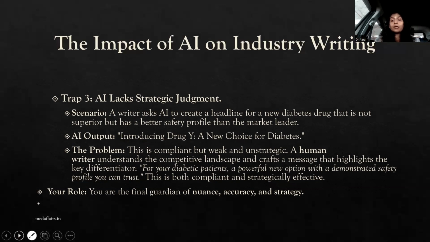However, in reality, it was not the better choice efficacy wise. So what exactly should have been written for your diabetic patients? A powerful new option. It was just an option with a demonstrated safety profile. Why demonstrated safety profile? Because you have data to support it.